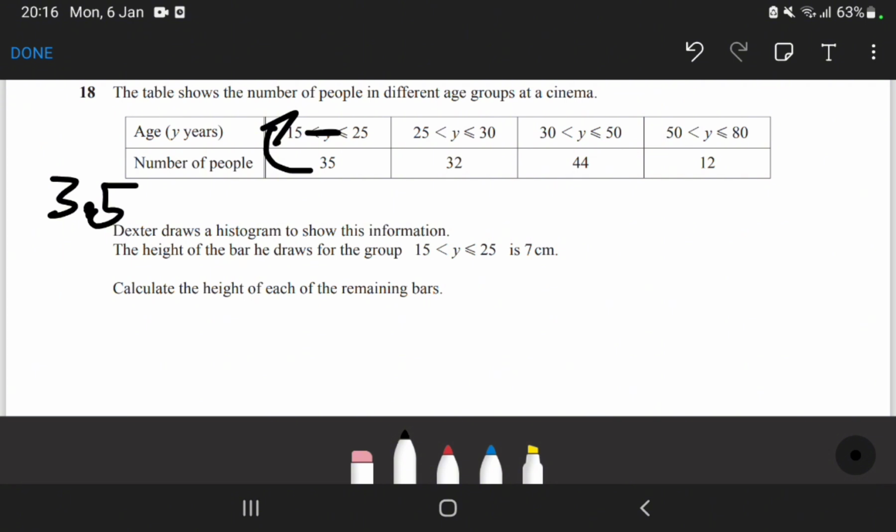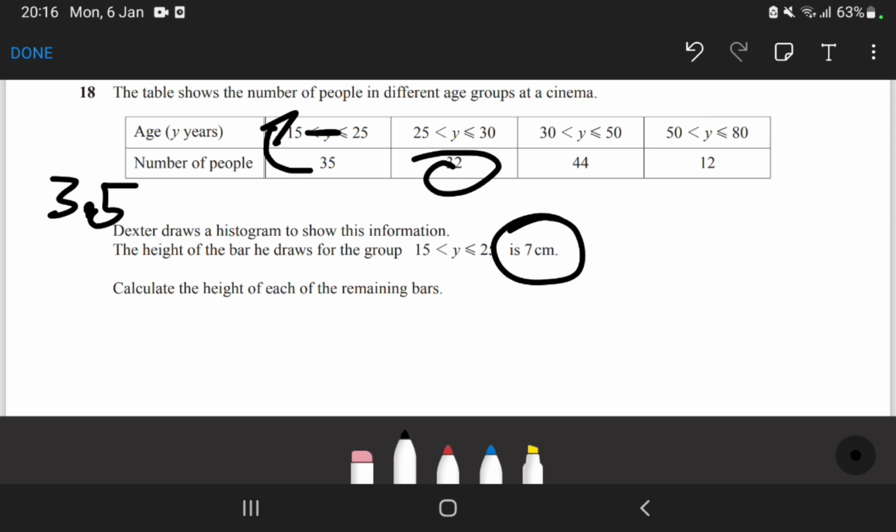But they said here that it's 7. So every time, let's say 32 divided by 30 minus 25, which will be 32 divided by 5, we double the answer at the end.